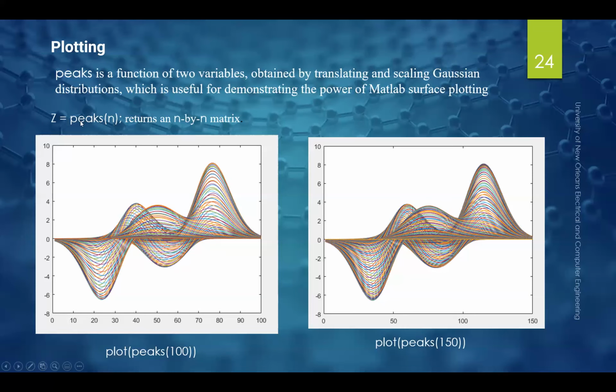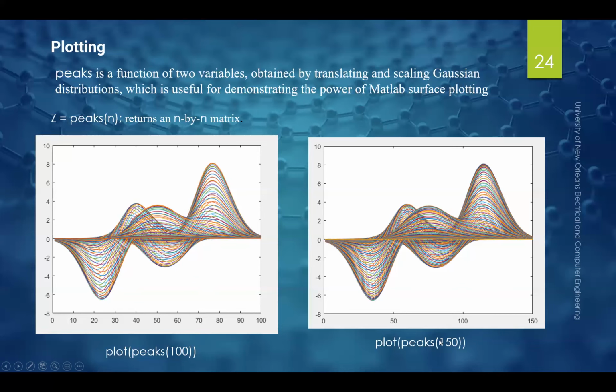What we've done here is we simply said plot, and you can place the result in a variable if you want. In this case, it places it in the variable z. So in this first example, peaks creates internally a 100 by 100 matrix, and each of those columns is plotted. Hard to see, but there are 100 plots here, one for each of the columns generated by the peaks function.